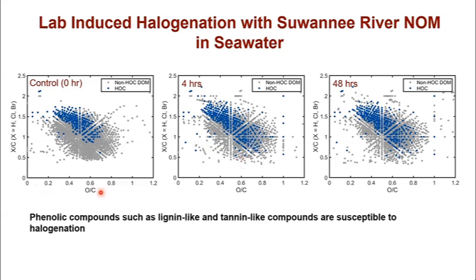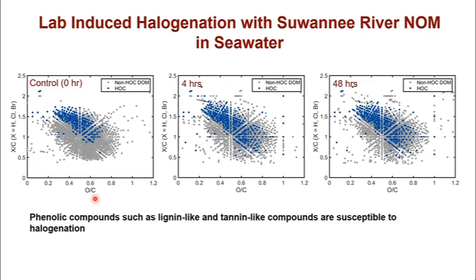For those of you who are not familiar with this kind of Van Krevelen diagram, each dot on the plot here shows one chemical feature that has a chemical formula assigned. It's being projected into 2 dimensions.